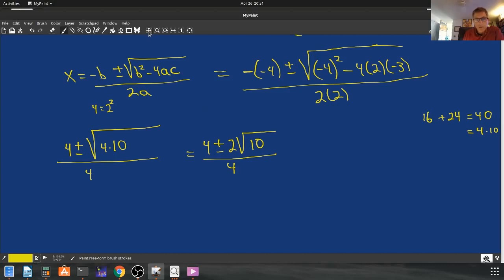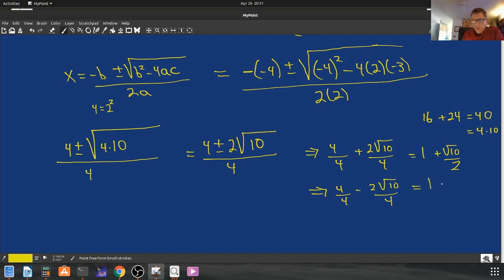There is, however, a way you can simplify this more. You can either write it as 4 divided by 4 plus 2 on the square root of 10 over 4, which is equal to 1 plus the square root of 10 over 2, or 4 over 4 minus 2 on the square root of 10 over 4, which again is equal to 1 minus 2 divided by 4 is 1/2, the square root of 10 over 2.